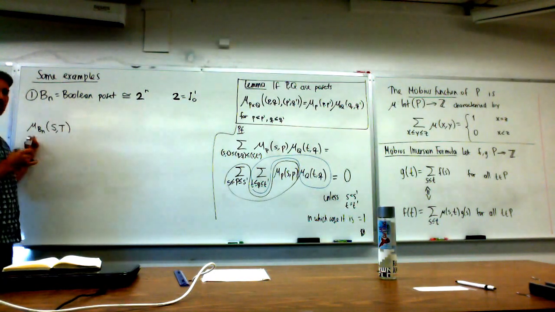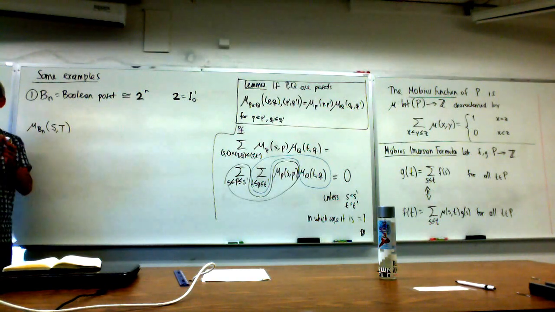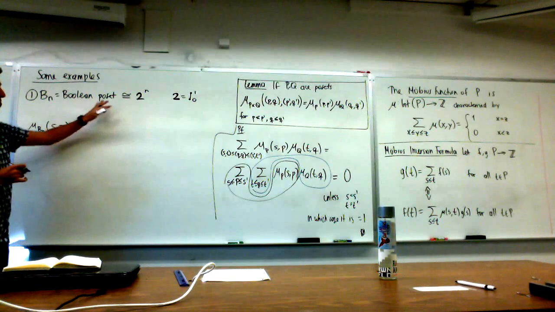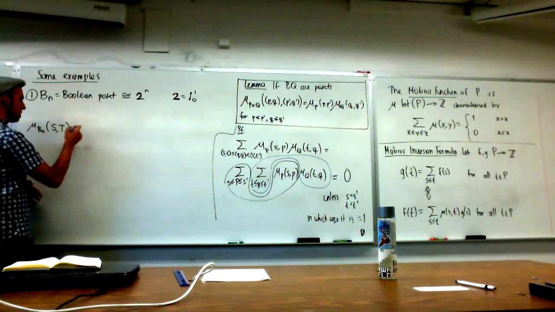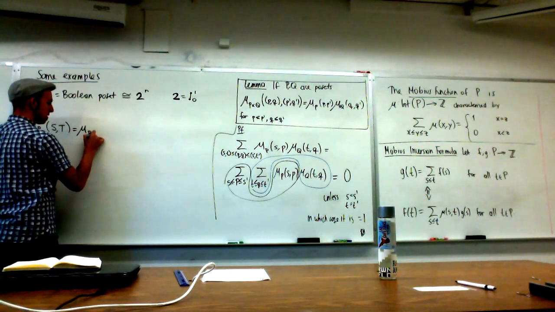So if I want to compute the Moebius function in the Boolean lattice from some set S to some set T, I want to use that this is a product of things like this. And what makes this explicit is to write it like this.